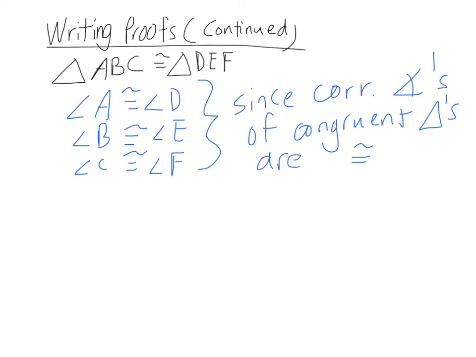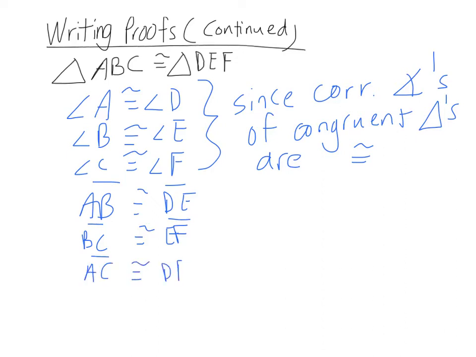Similarly, you could say something like, okay, well, AB is congruent to DE, or BC is congruent to EF. Just going through the lettering here, the outer two letters, AC, are congruent to the outer two letters, DF. And if you're given this, then you could say something like, oh, well, AC is congruent to DF.